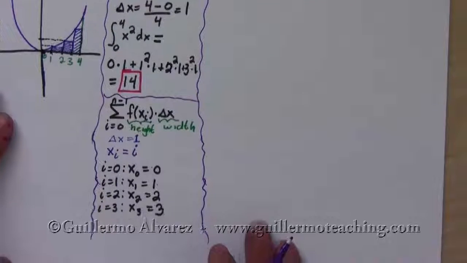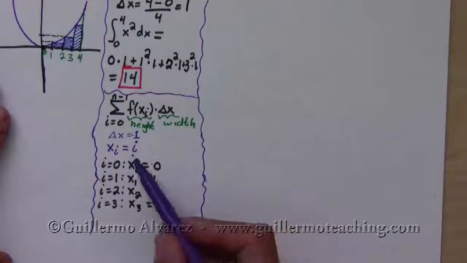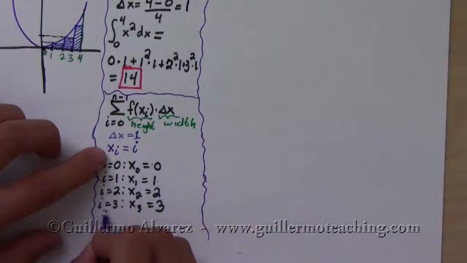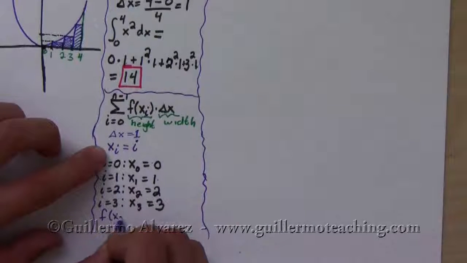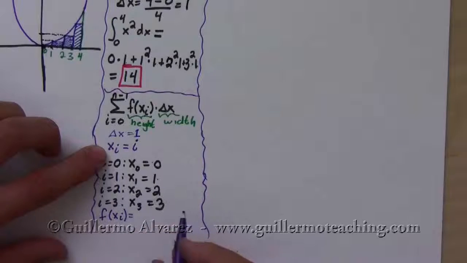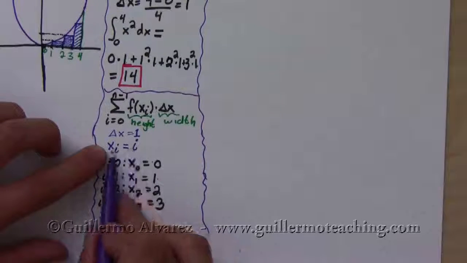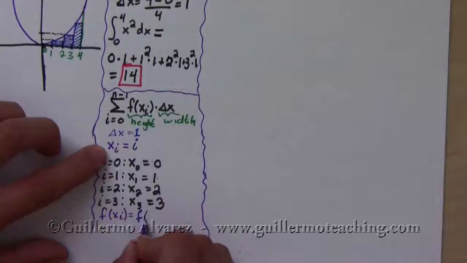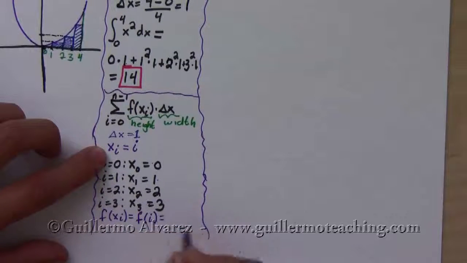Okay, so once we have that, if we know what x sub i is, why don't we write down what f of x sub i is? All we're going to do is substitute. So instead of x sub i, we're going to put what x sub i equals, which is i.